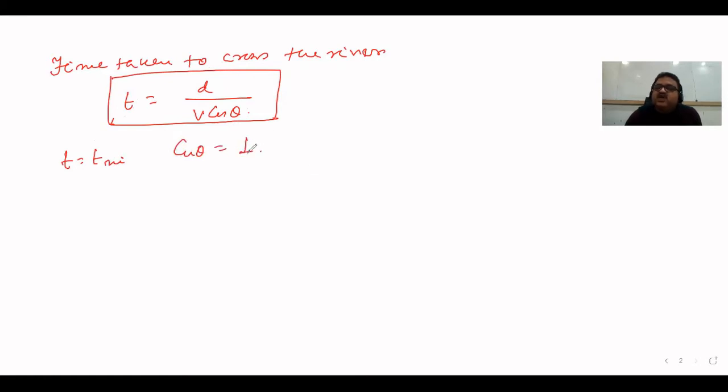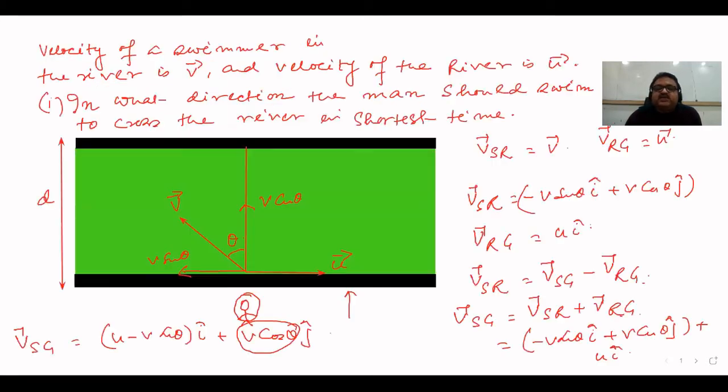And cos theta equal to 1 means theta is equal to 0 degree. Clear? Theta equal to 0 degree means, if I move back to the diagram, the man needs to take the stroke directly along this direction. Is it clear?